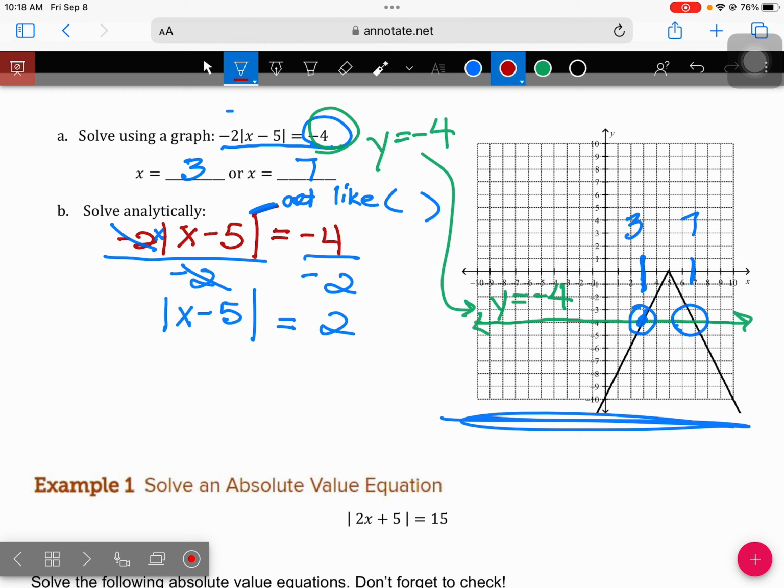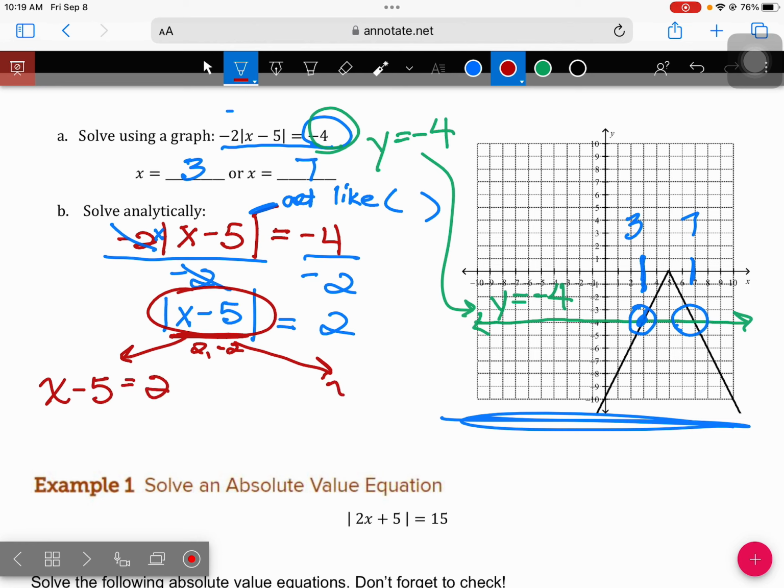So the value of this absolute value is equal to 2. What two numbers do you know have an absolute value of 2? 2 and negative 2. So we're going to set each of those equal to this expression and say x minus 5 is equal to 2.